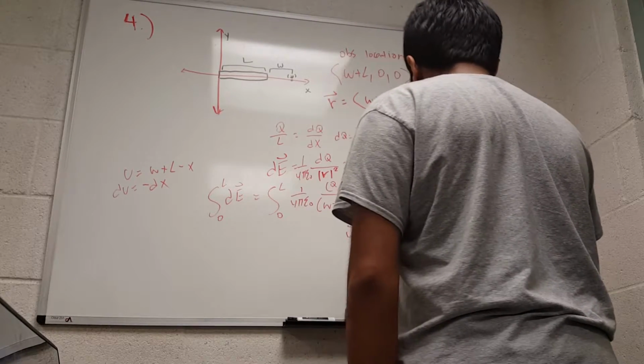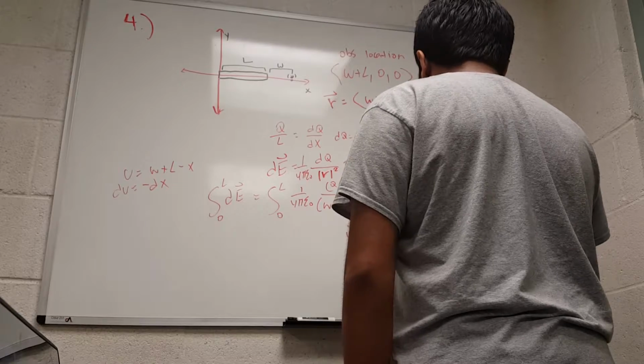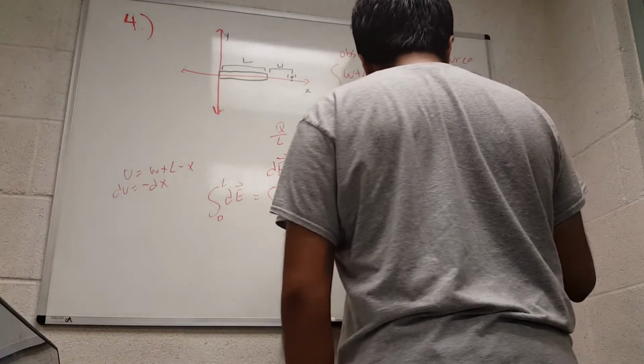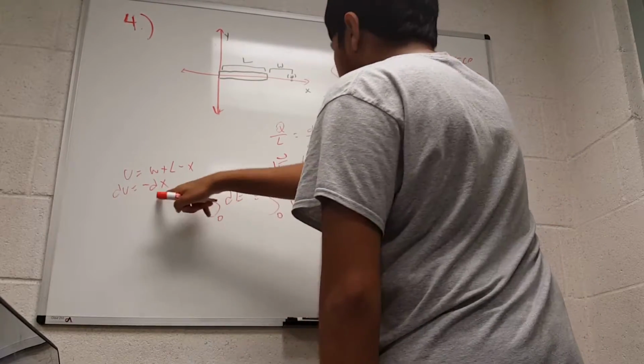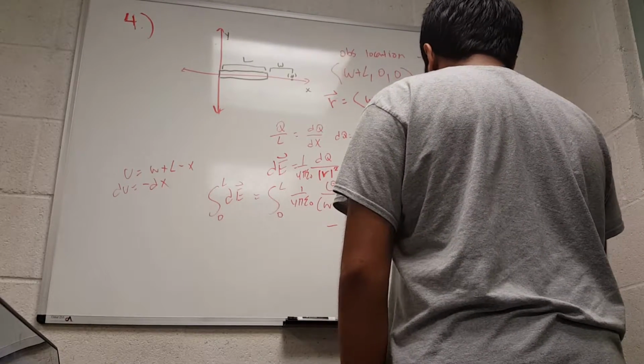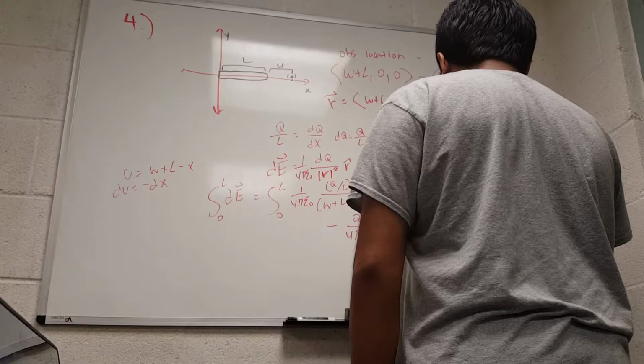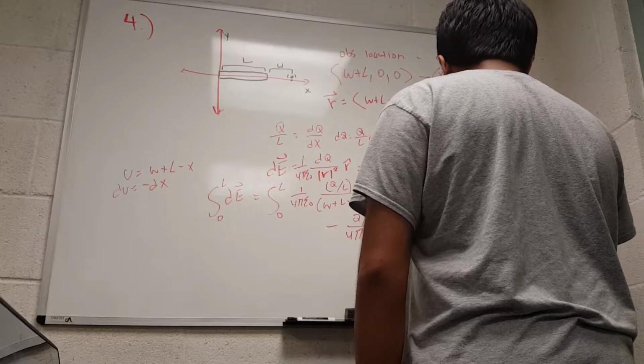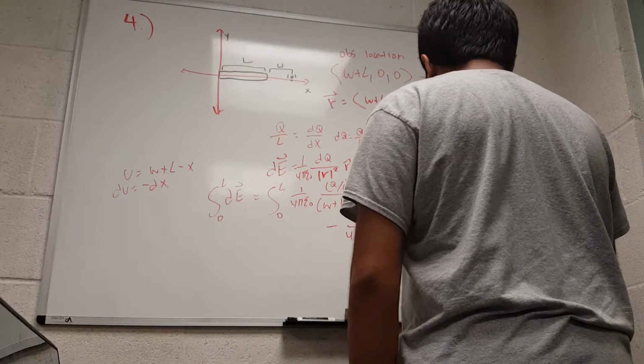And then if you integrate that, actually it's a negative sign because it's negative dx. And so if you integrate this part of the function, you determine that it's negative u to the negative 1 times negative 1, which actually just simplifies to positive.